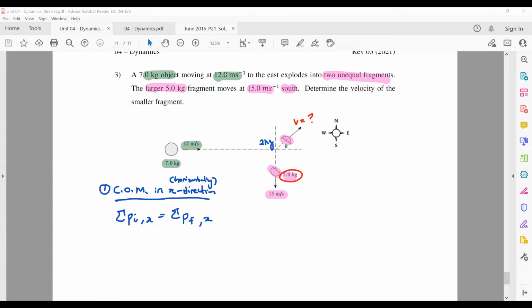So now let's try to add up the momentums in the x direction. This is the before, and then this is the after. For the before case, I'm only going to have 7 kg times 12. There's nothing else to consider here.